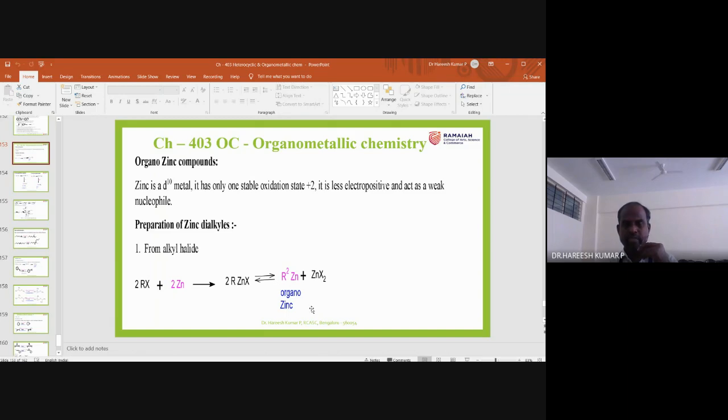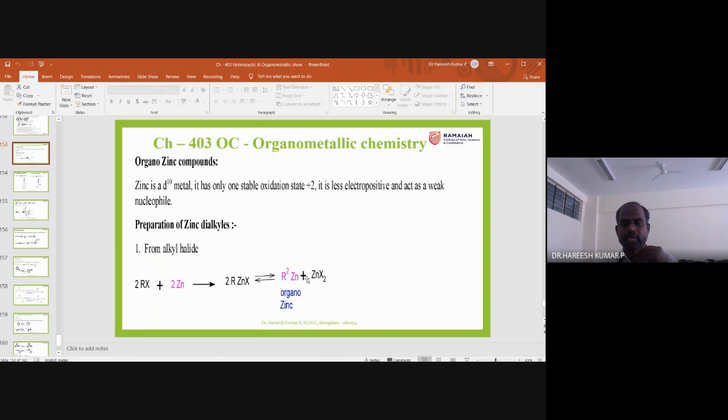For the invention of the Grignard reagent, Grignard, a scientist, got a Nobel Prize. Actually he is not an organic chemist, but he invented the Grignard reagent. So here, this compound is called organozinc.